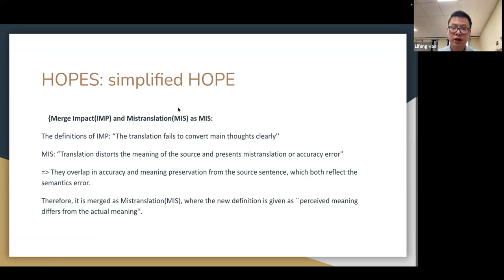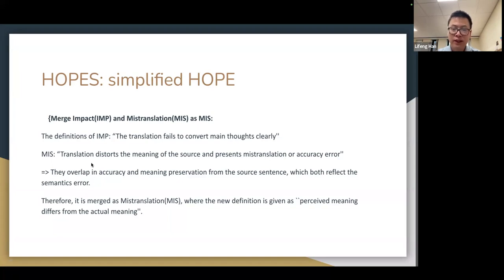We call it simplified HOPE, or HOPES. For HOPES, we merged impact and mistranslation into mistranslation because, for example, the original definition of impact is that the translation fails to convey the main source clearly, and mistranslation was defined as the translation distorts the meaning of the source and presents a mistranslation or accuracy error.